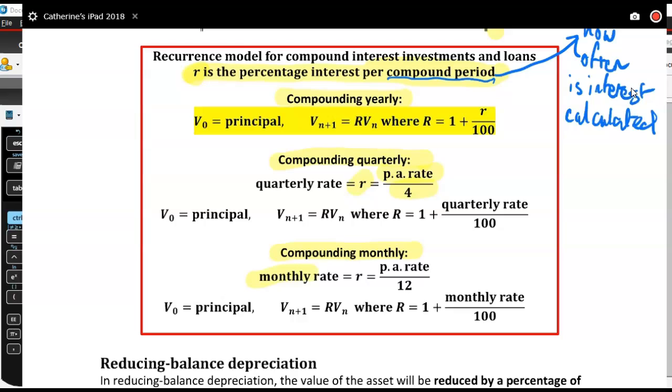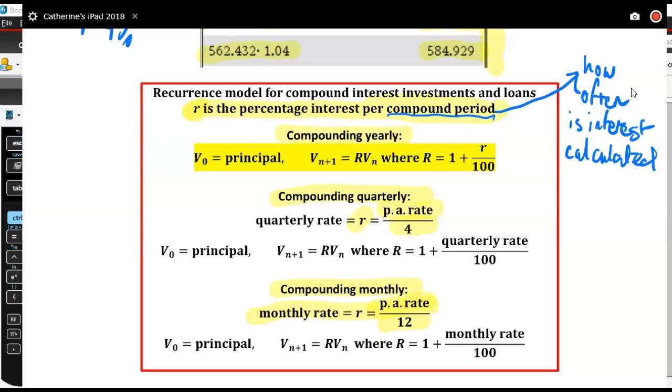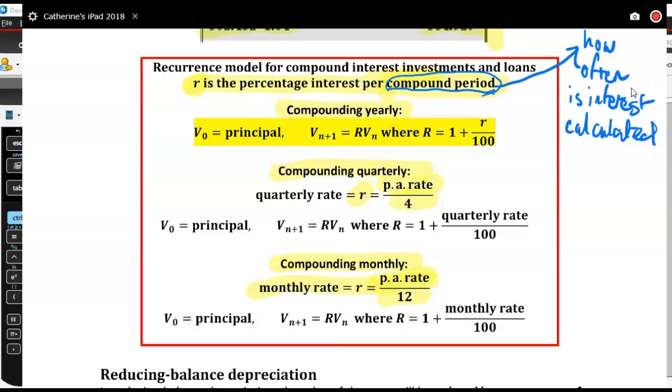So when compounding monthly, we get the per annum rate and divide it by 12 to spread it out. Okay. So you've got to make sure that when you are reading the information in a question or on an application for a loan or credit card, you are reading how often that interest is calculated. That compounding period, it's very important.